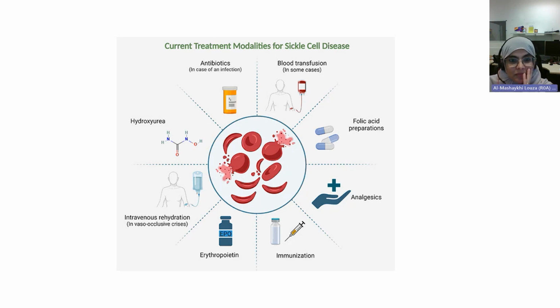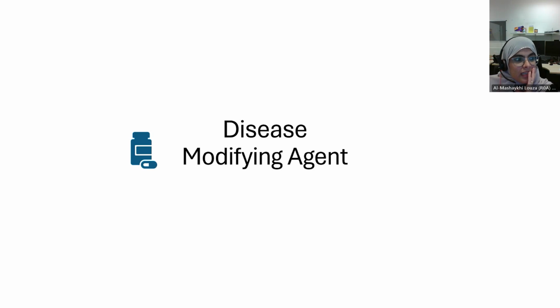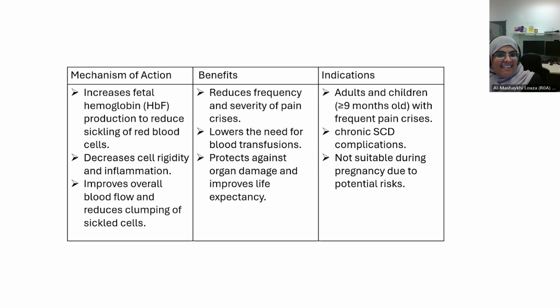Next slide. So the disease modifying agent is hydroxycarbamide. Next slide. Hydroxycarbamide remains the cornerstone of sickle cell disease management. It's effective for reducing complications and improving the quality of life of the patient.